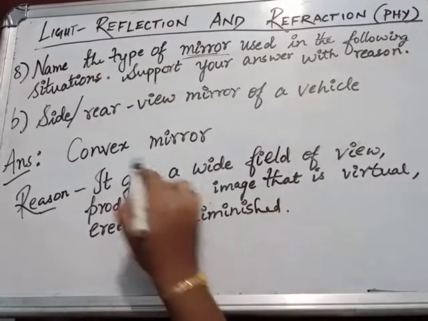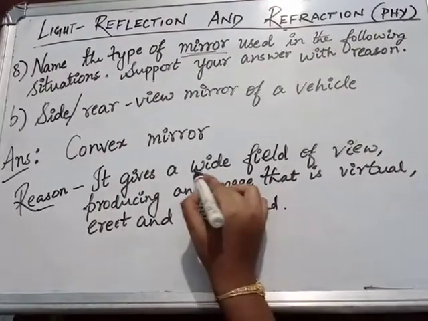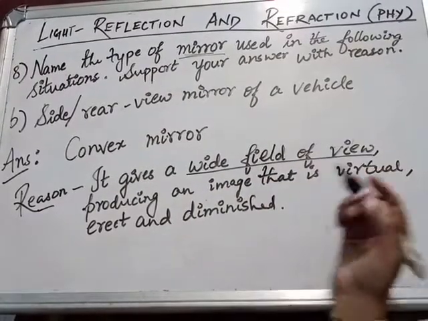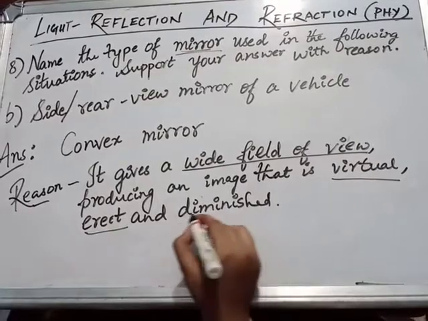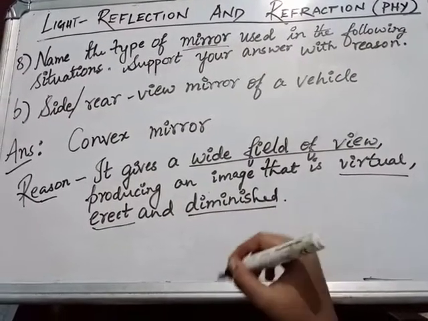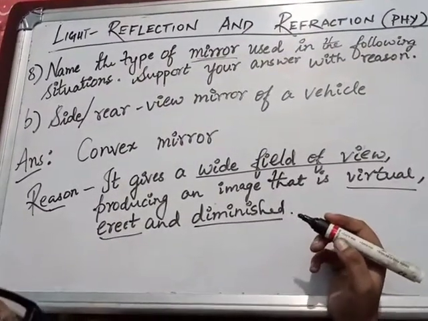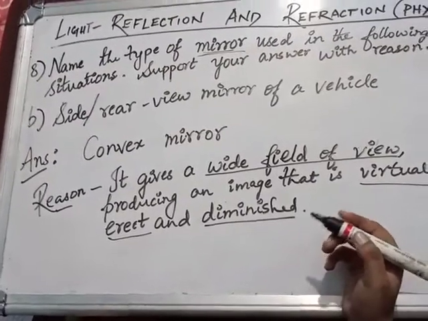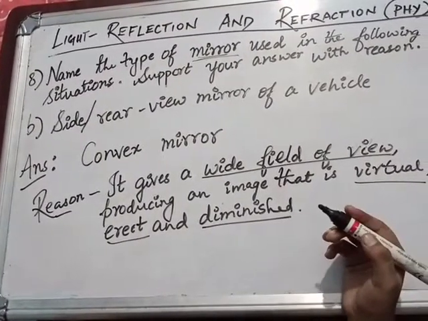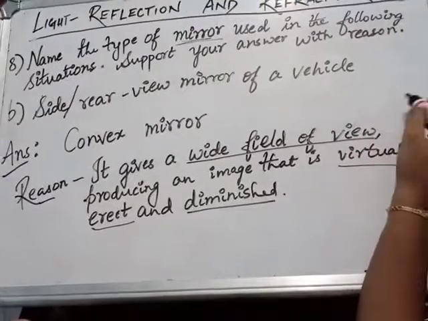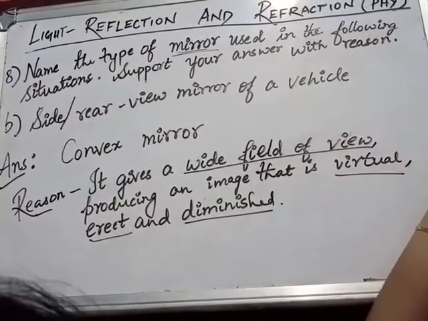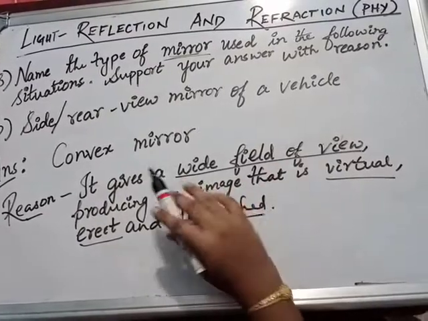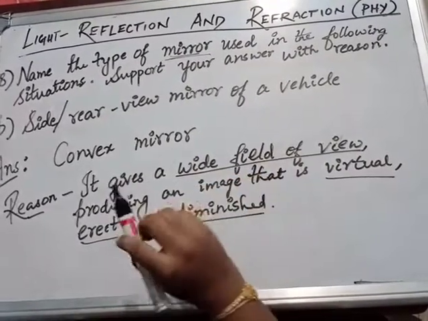This is the reason we use convex mirrors. It gives a wide field of view. It produces an image which is virtual, erect as well as diminished. It enables the driver to drive properly without any kind of accidents. He can see whatever vehicles are coming, and accordingly he can drive. So in this way it prevents accidents.